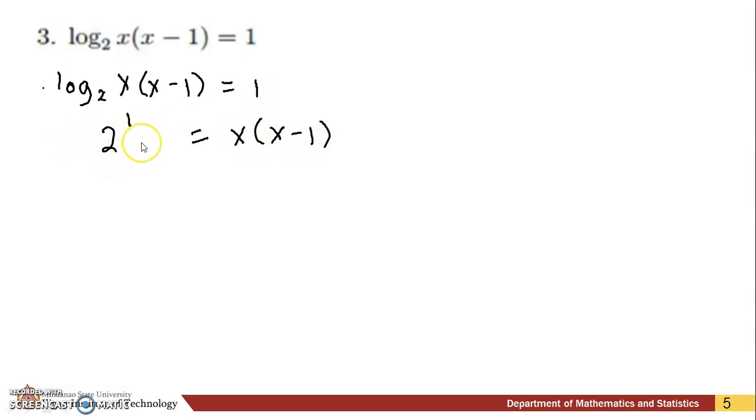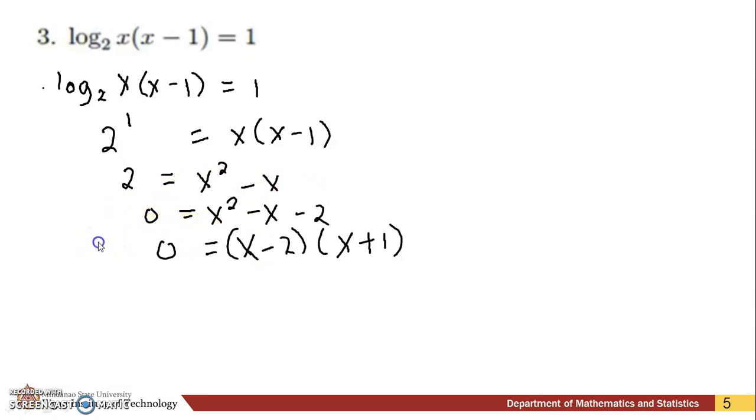So simplifying this further, we have 2 equals, you can multiply this one, so you have x squared minus x. And then this one is an equation which can be rewritten as x squared minus x minus 2 equals 0. And we can solve for this one. To factor, we have x minus 2 times x plus 1.